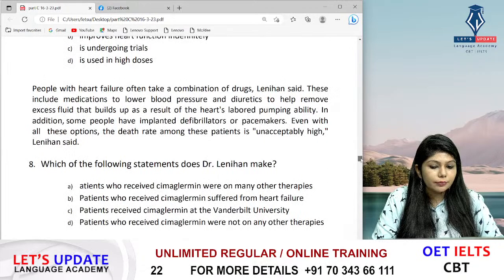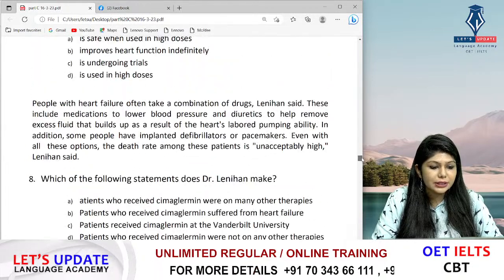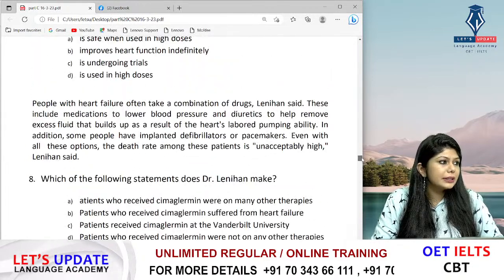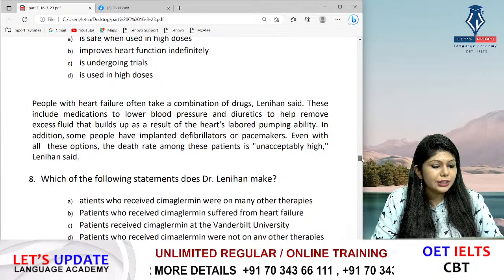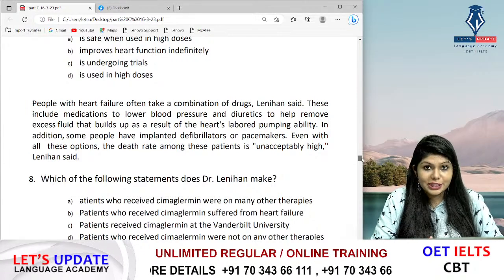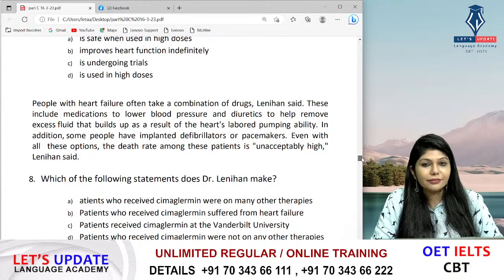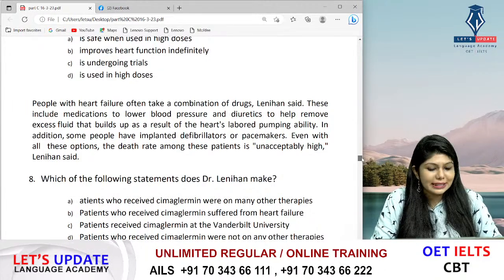For your convenience, I have structured the paragraphs and questions in such a way that each question is under each paragraph, so that you can see the paragraph, the question, and the options at the same time.